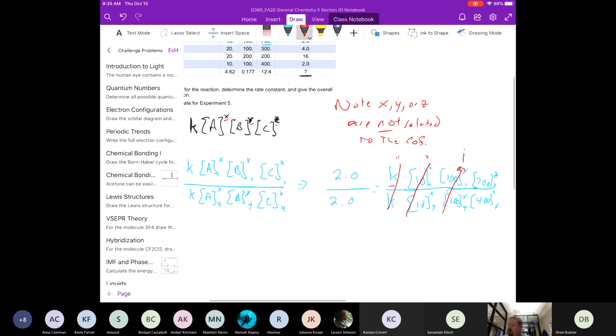So this is going to be equal to 2.0 over 2.0, which is 1, is equal to 700 divided by 400. Since they both have the same exponent, we are going to combine those and put the exponent on top because of math, right? And when we do that, we end up with 700 divided by 400, which is 1.75.